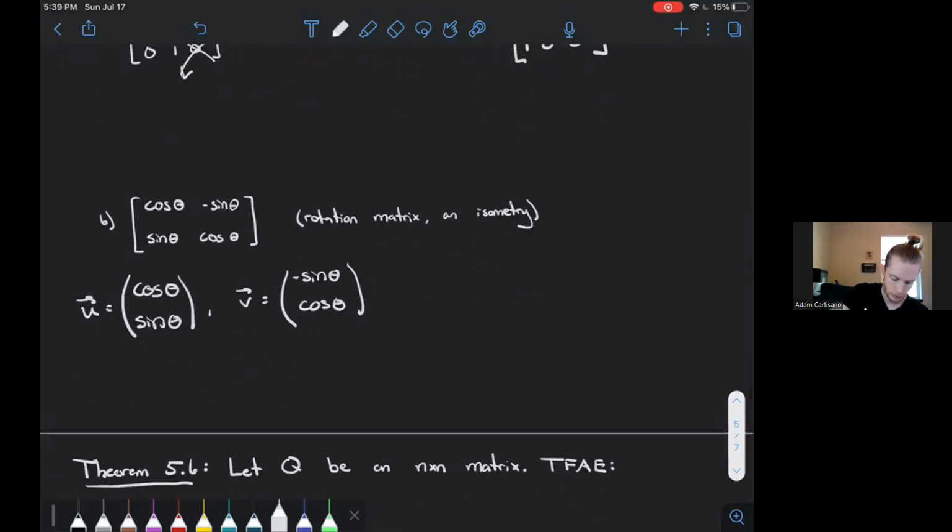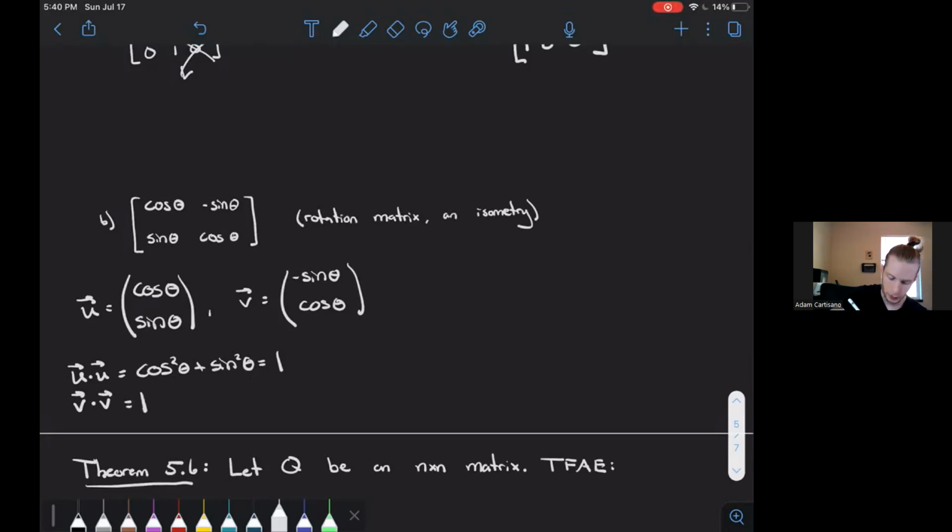U dot U is cosine squared theta plus sine squared theta, which is 1. Great. V dot V is negative sine theta whole squared, which is just sine squared, plus cosine squared is 1.